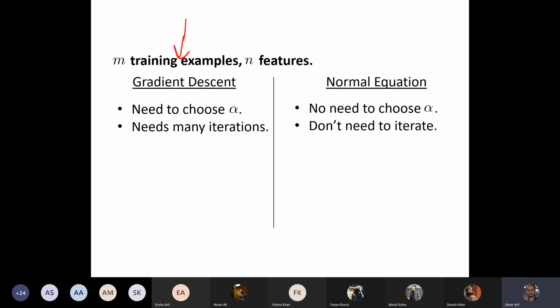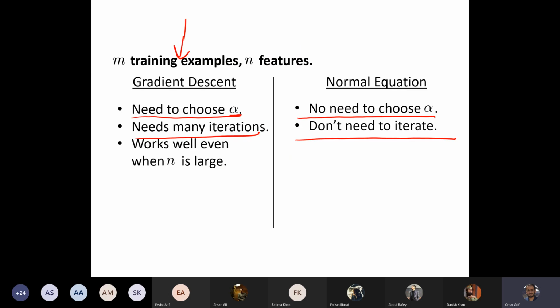And this slide simply lists some of the pros and cons of gradient descent and the normal equation. In gradient descent, one of the cons is that you need to choose the learning rate, where you basically have to do hit and trial to come up with a good learning rate. It needs many iterations. In case of the normal equation, no need to choose alpha, don't need to iterate. So this is very good, so far.